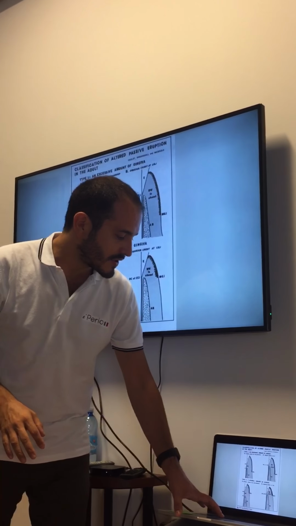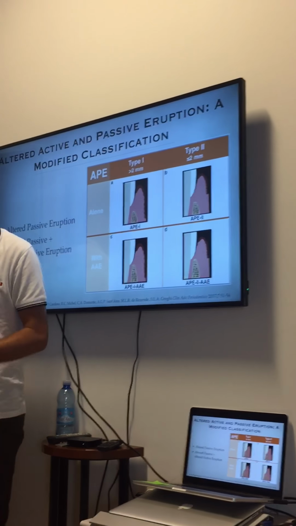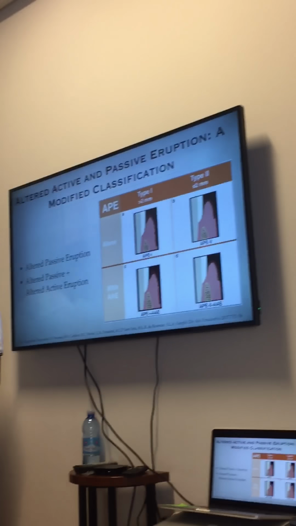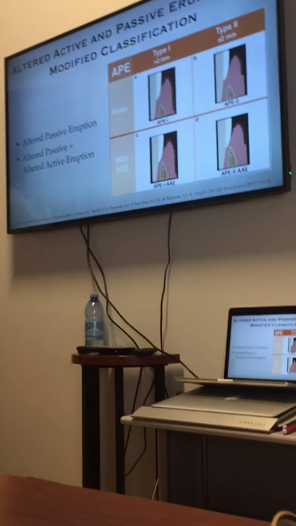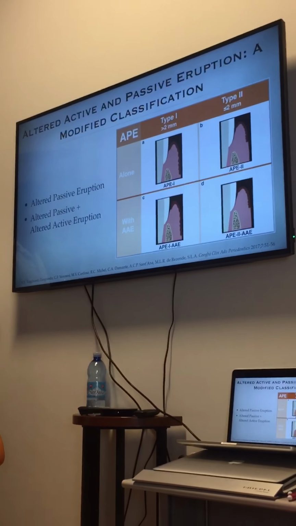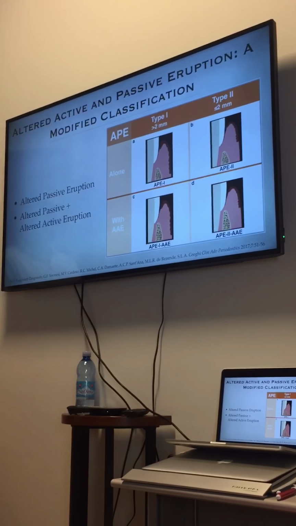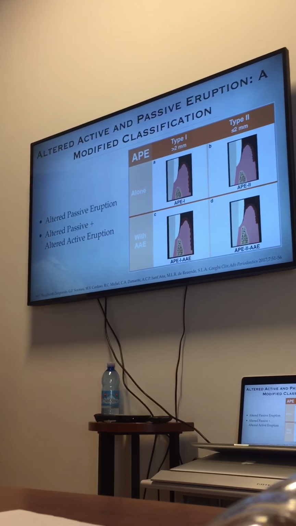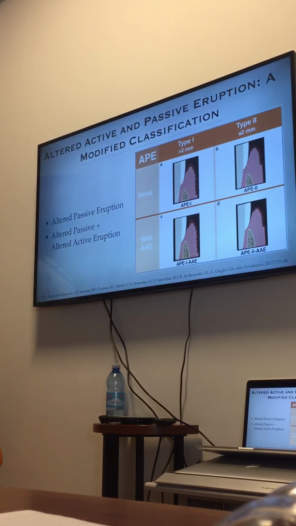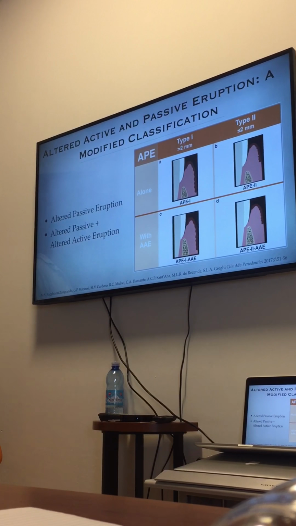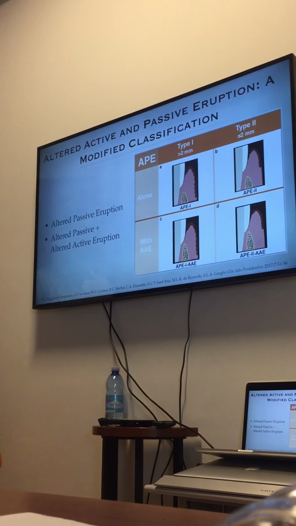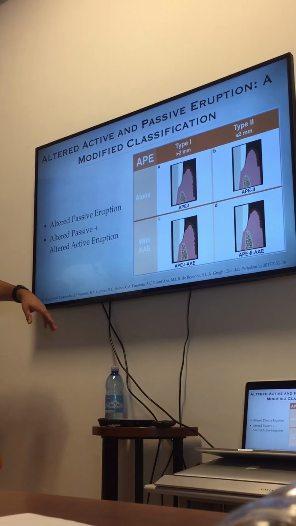Now, they only talked about altered passive eruption, which supposedly is not 100% correct. So in this month's issue, in the July issue of the CAP, which is the other journal from the American Academy of Periodontology, there has been a new study.